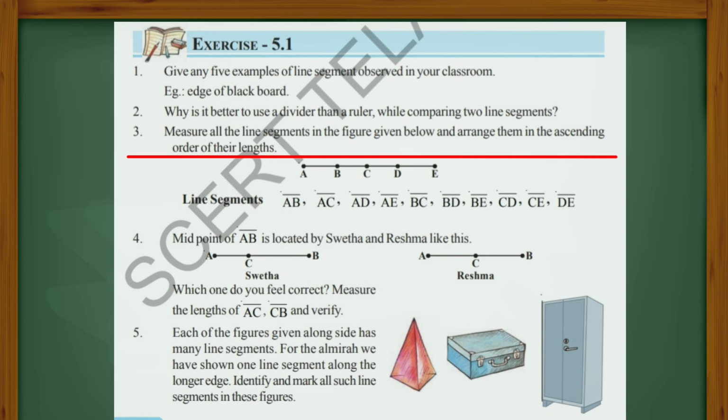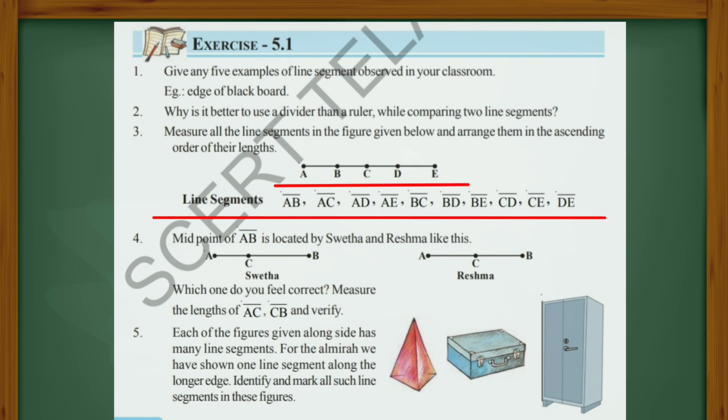Measure all the line segments in the figure given below and arrange them in ascending order of their lengths. Children, observe there are line segments over here and you have to measure the line segments like AB, AC, AD, AE, and after writing all these lengths you have to arrange these line segments in ascending order. Will you do, children? Okay.